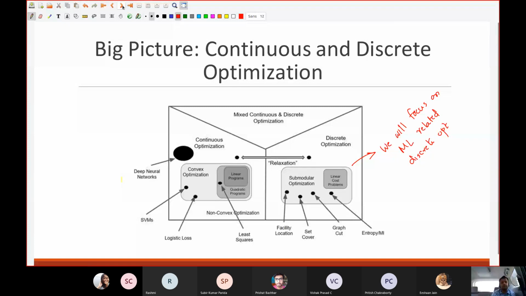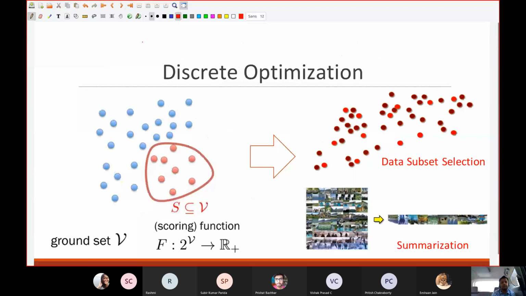One important point here is that whether it's data or features, we are often interested in subsetting. So here, this entire set V is called the ground set.